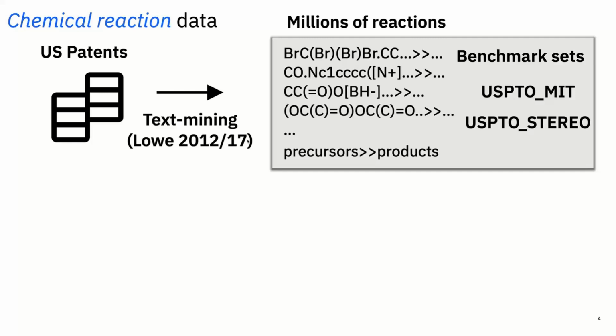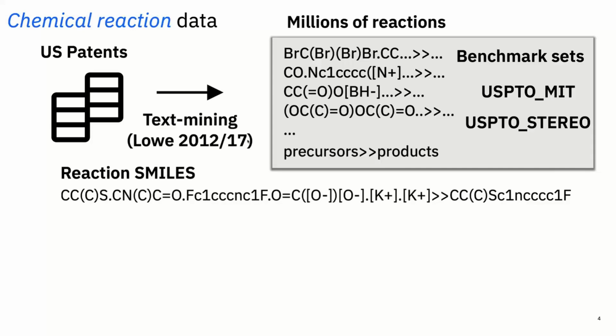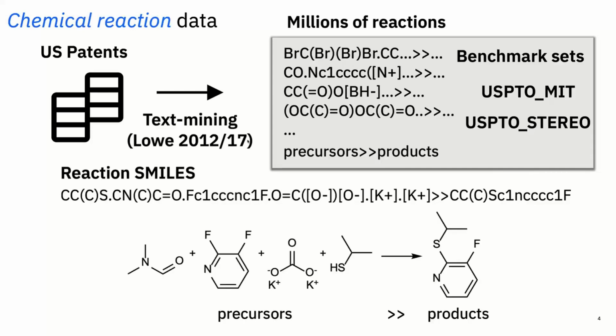Those datasets contain millions of chemical reactions, also represented as reaction SMILES, as you see here. And if we take the 2D depiction, we have it like that. You see the two greater-than signs represent the arrows, and the dots the separations between the molecules.